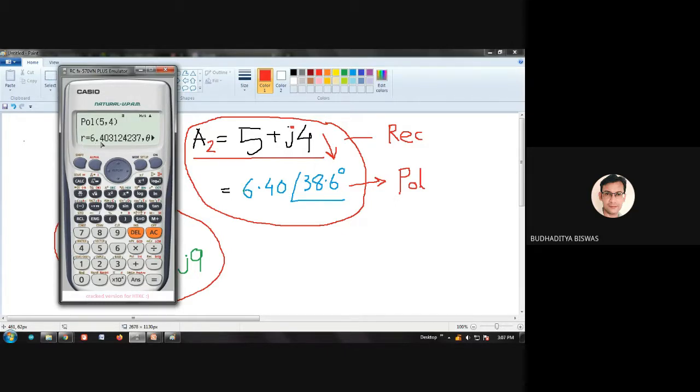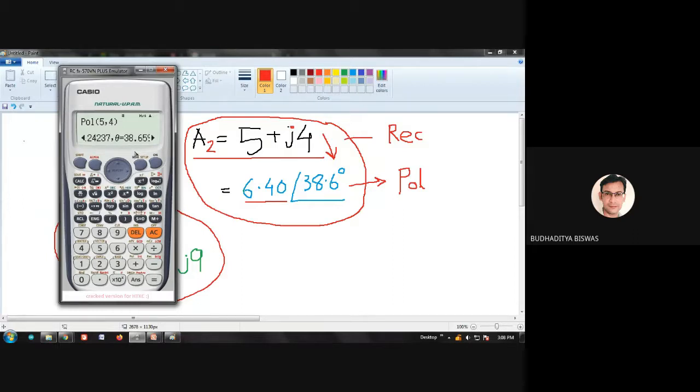R equals 6.403, as your friend said. And the angle is 38.65. In some calculators, suppose in the Casio MX calculator, you will not get this directly, because this is a higher version of the Casio calculator, where the R and theta values are given directly on the screen.